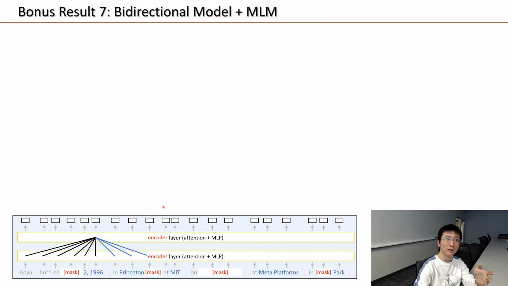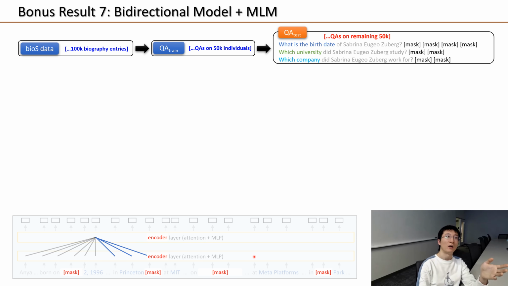So let's now look at what happens if we do masked language modeling on this encoder model, such as BERT or DeBERTa, and see how the process performs. That is, we can also do pre-training and then fine-tuning, and then test the model's performance on knowledge extraction. Let's see how things would change.